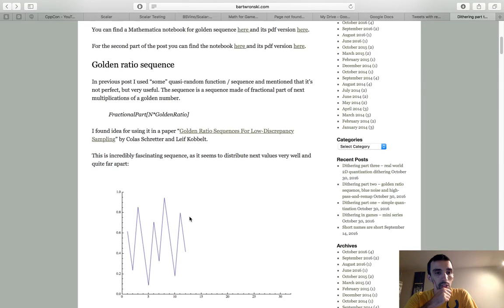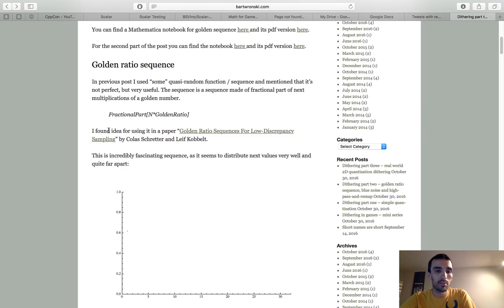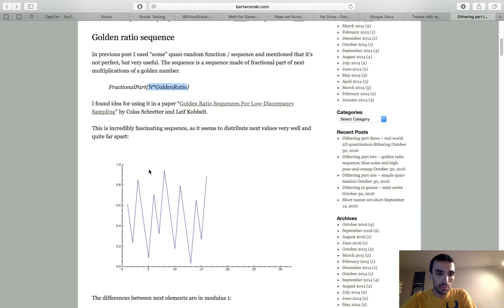Golden ratio sequence. I've never seen this. Let's see what this is. The sequence is made of the fractional part of multiples of the golden number. Oh, I see. So that's just a random number generator. Basically, it's the fractional part of multiples of the golden ratio, and I guess we're using that to get some white noise.